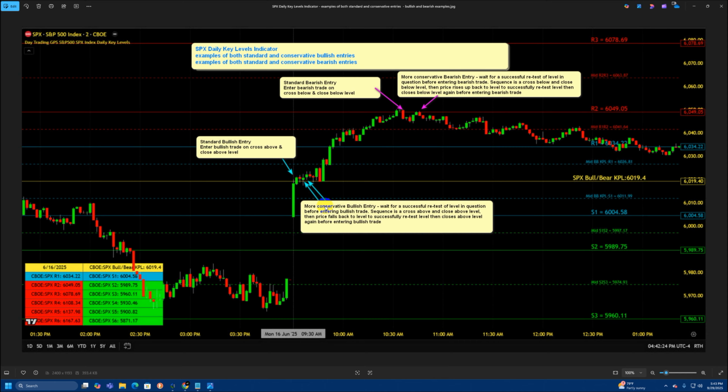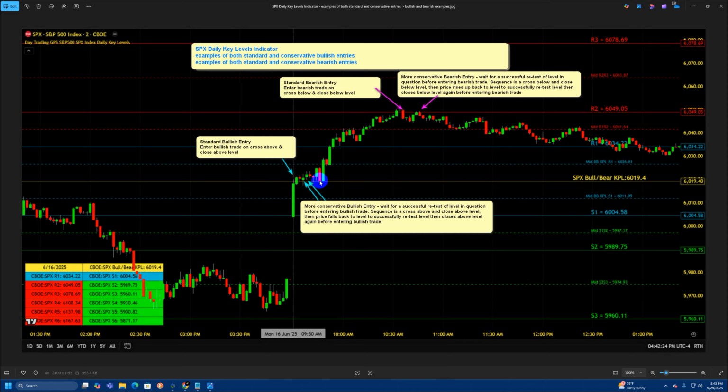Or if taking the more conservative bullish entry approach, you're waiting for a successful retest, for price to fall back to the level in question, but still close above the level in question. And that is your successful retest. So you could have entered on this candle, or if you did not on those, you could have entered on this candle here, and it did retest the level.